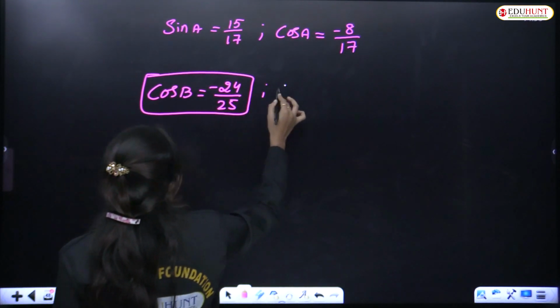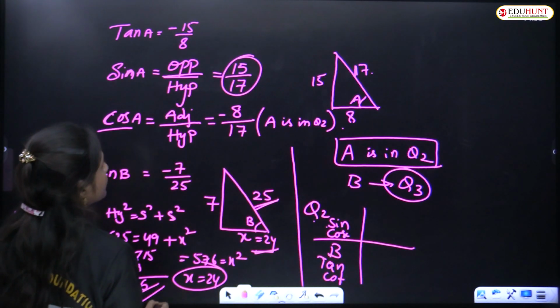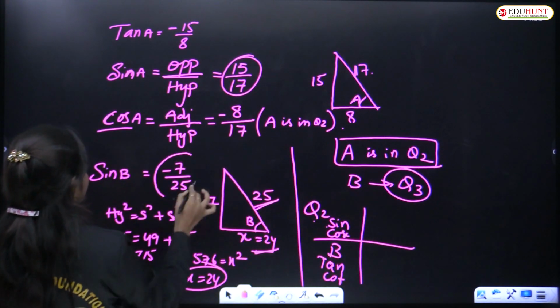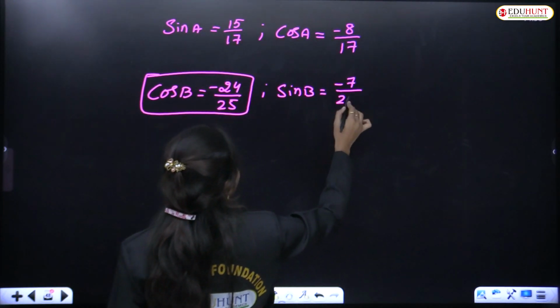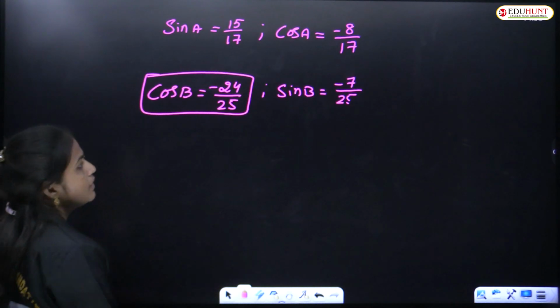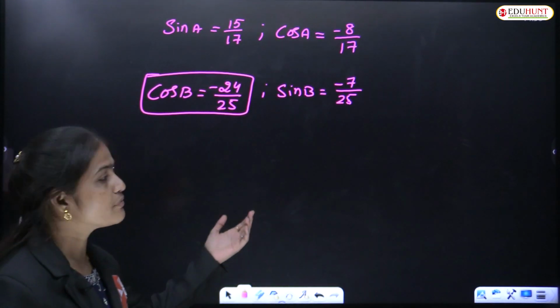Next, cos B is minus 24 by 25. Sin B was already given as minus 7 by 25. So these are the 4 values.